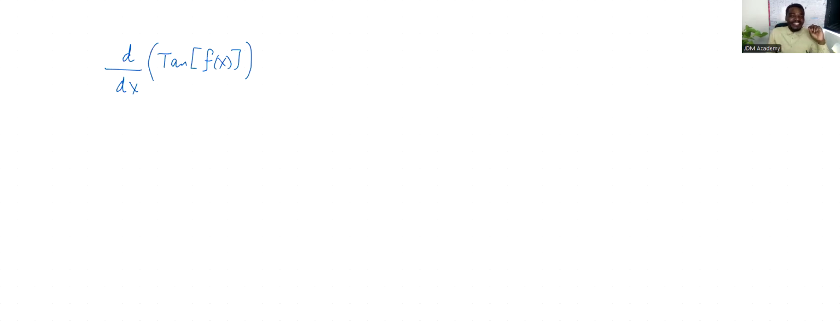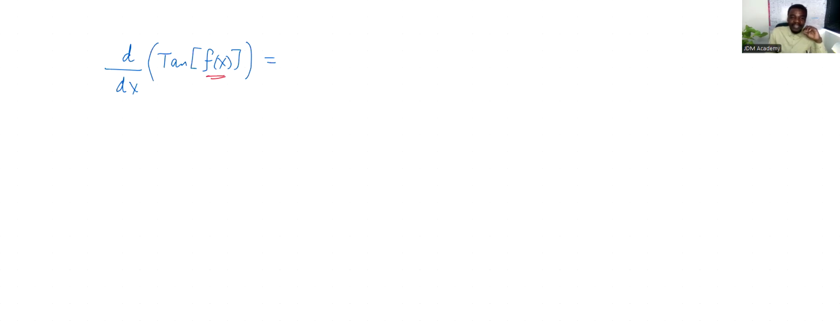So for us to find the derivative of tan of f of x, what exactly do we need to do? We can use differentiation using the chain rule, but there's a very straight method that you can use, which is very interesting. So what we have to do here, you need to find the derivative of f of x first.